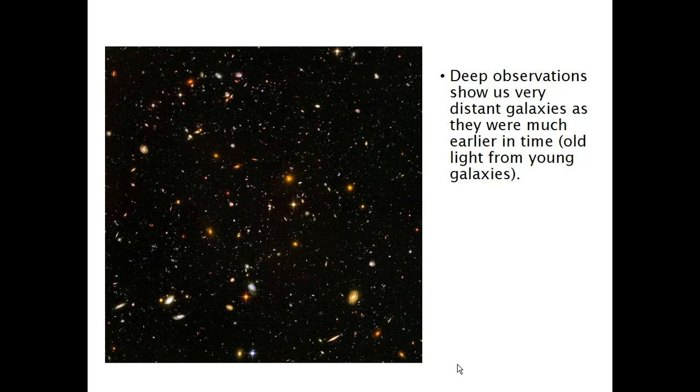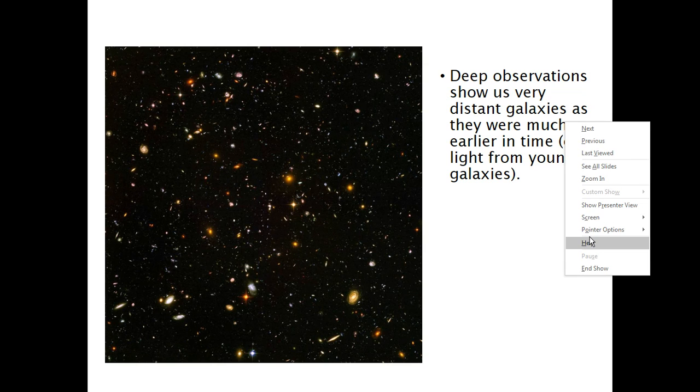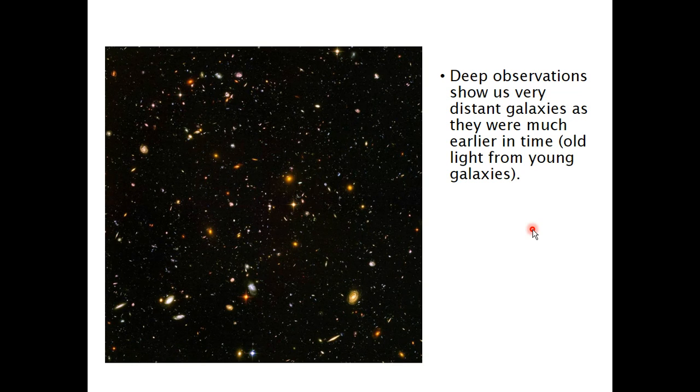And so we do things like the Hubble Ultra Deep Field and other sorts of just looking at an area of the sky, and these deep observations are going to end up showing us galaxies very far away, and so showing us light from young galaxies.